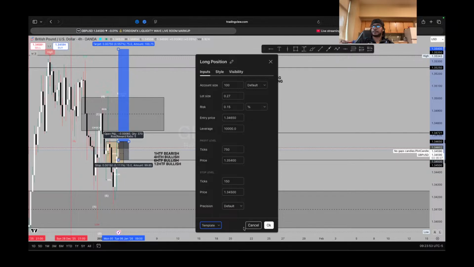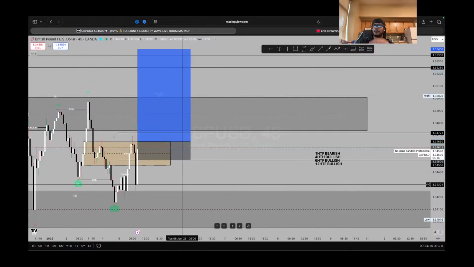GBP USD, it is 15 pips, my regular 1-to-1, but percentage-wise it looks different. 45 minute. I'm not planning on using a buy stop because we could break and then pull back.